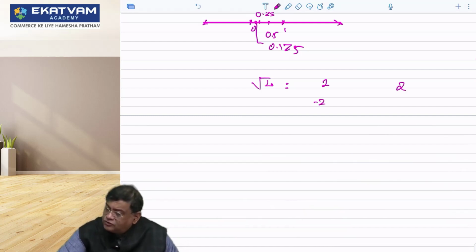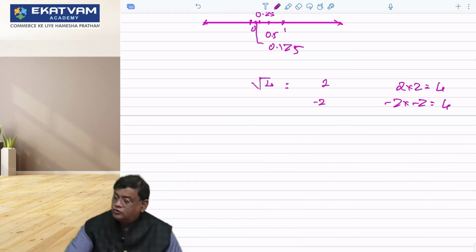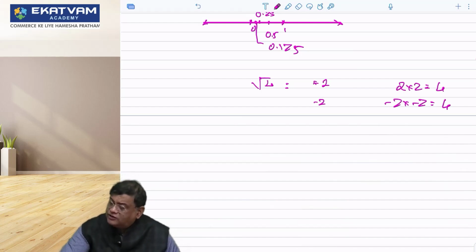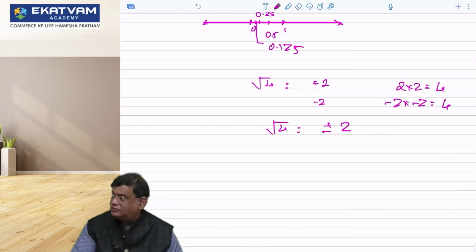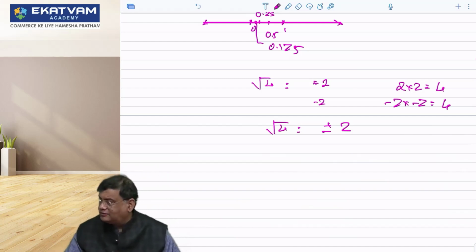Because 2 into 2 is 4 and minus 2 into minus 2 is 4 as well. So root of 4 is either plus 2 or minus 2. Wherever I ask you what is the root, you will have to write plus or minus 2.